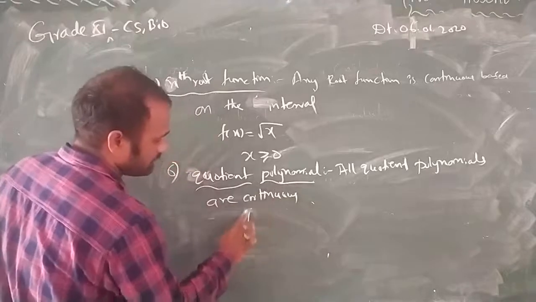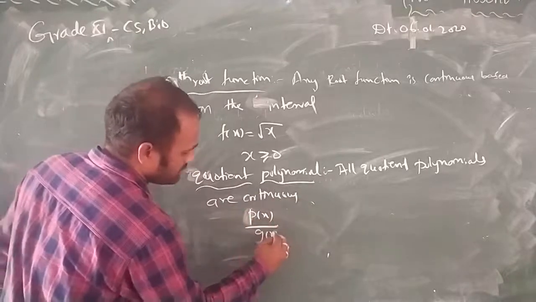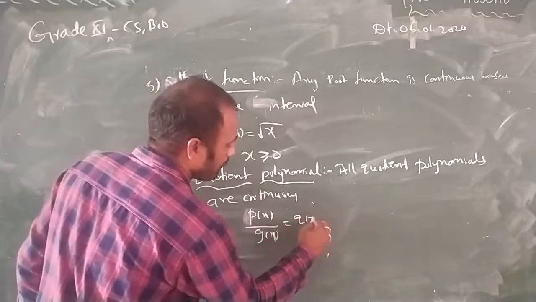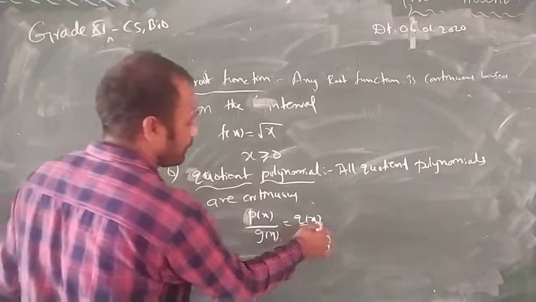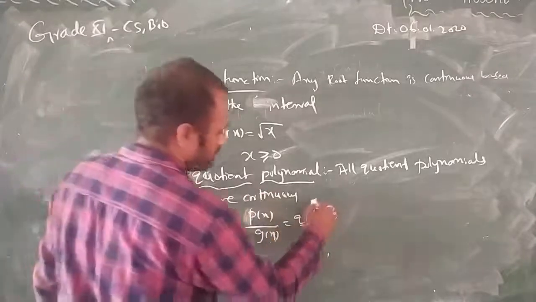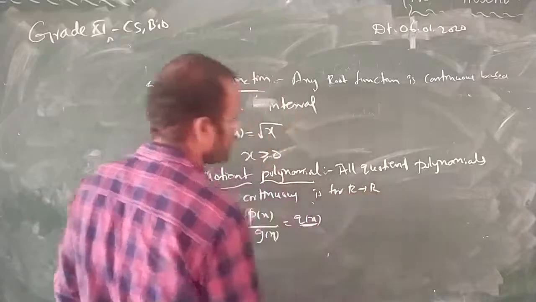That is p of x by g of x, we are going to get q of x. Dividing one polynomial by another polynomial, we will get a quotient polynomial. It is continuous for all the real numbers, R belongs to R.